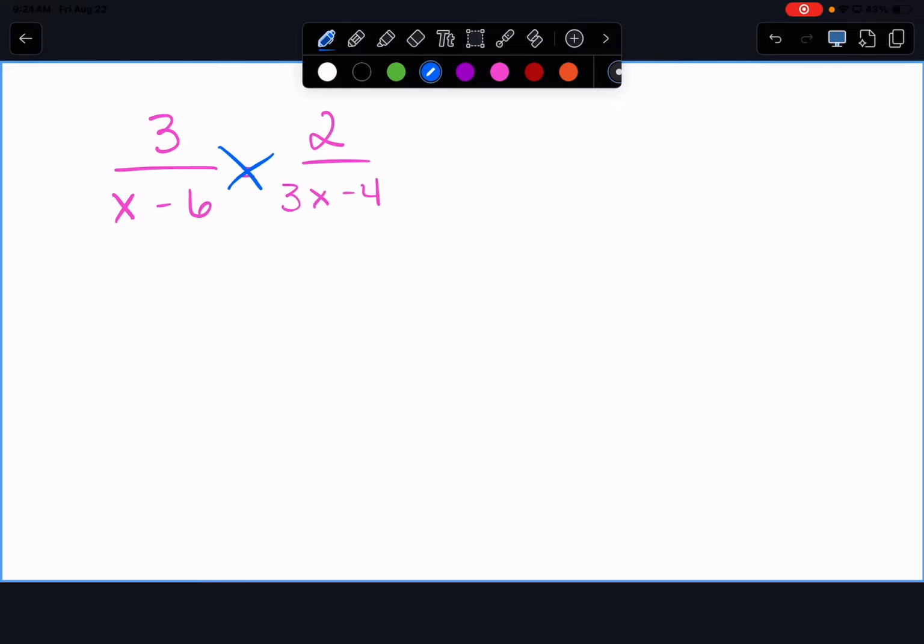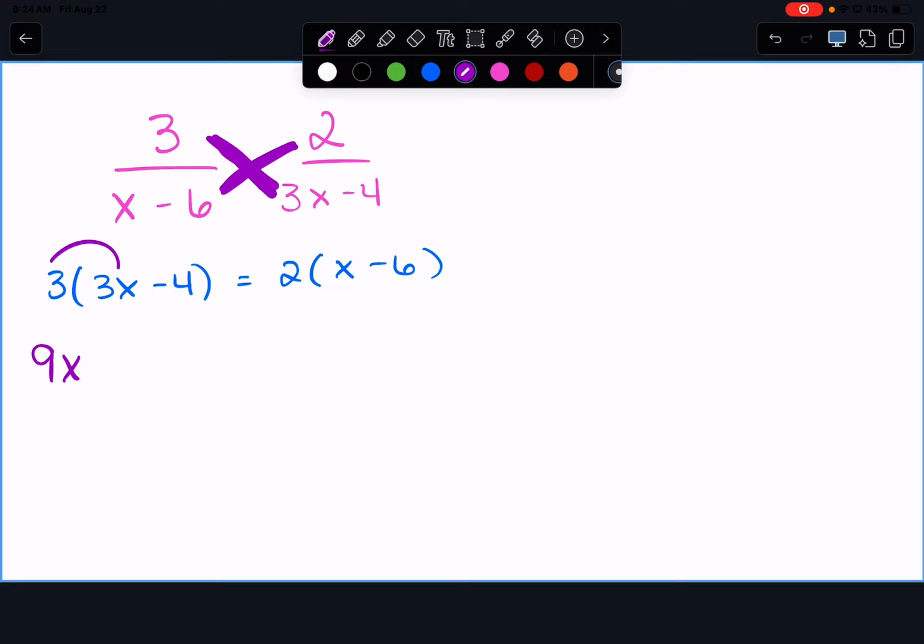So when I do that, what do I need to write? 3 times 3x minus 4 equals 2 times x minus 6. Perfect. From there, what do I do? Distribute. So first we cross multiply, and then we distribute. So 3 times 3x gives us 9x.